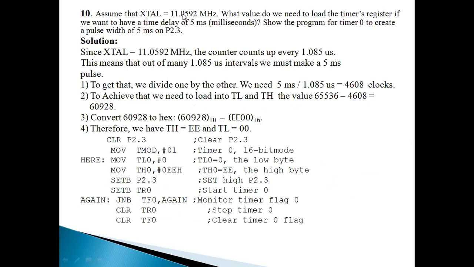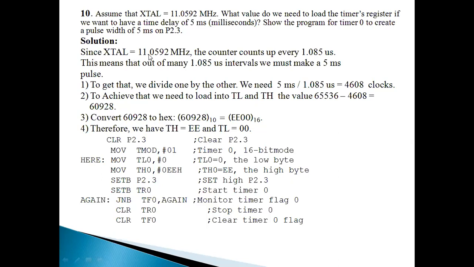Assume that xtal equals 11.0592 megahertz. What value do we need to load into the timer's registers if we want a time delay of 5 milliseconds? Show the program for timer 0 to create a pulse width of 5 milliseconds on P2.3. Okay, we need to generate a time delay of 5 milliseconds.